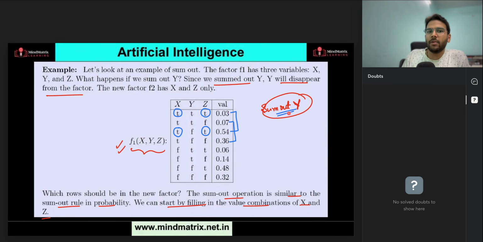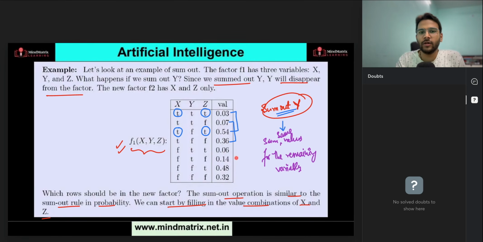So summing out y means you are summing the values for the same values of the remaining variables. Sum out y means sum the values for the same values of the remaining variables.